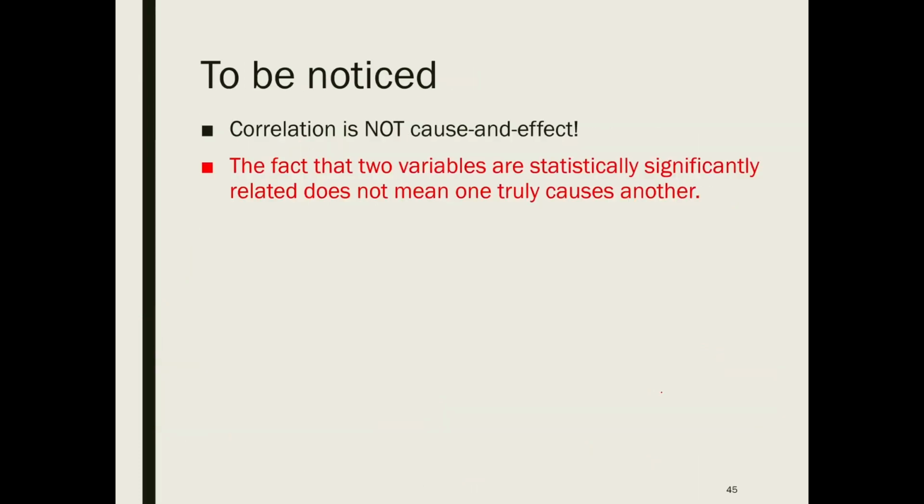Okay. So at last, I want to emphasize this one more time. We emphasized this in the chi-square test as well as in the t-test, right? The significant relationship does not mean a cause and effect, does not indicate any causality. The same applies to the correlation. Correlation does not say which one causes which one.